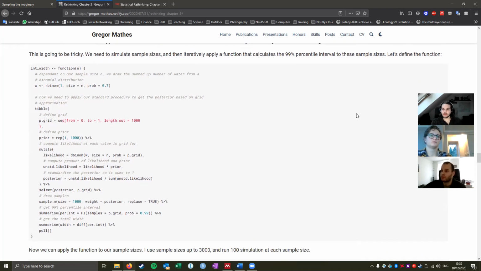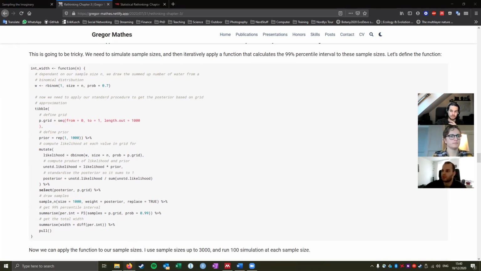So what I did for that is define one function that uses a grid, flat prior, and then calculates the likelihood and the posterior, and finally the posterior interval, and then the total width, because we want to get to these 0.05 of the interval.